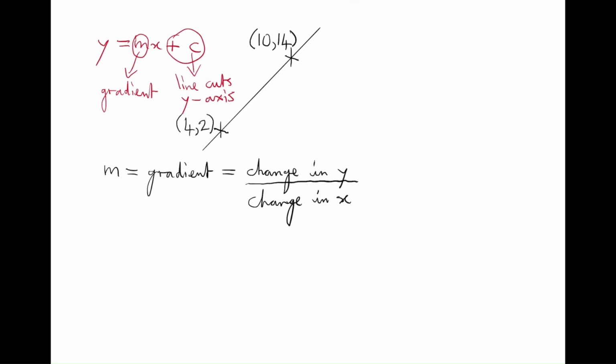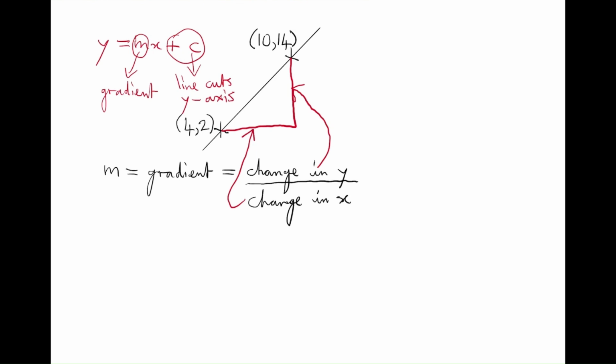So, if we look at our 2 points, the diagram can help us, but you don't need to draw a diagram. But we can see by making a right-angled triangle that the change in the y values will be the vertical line and the change in the x values will be the horizontal line.